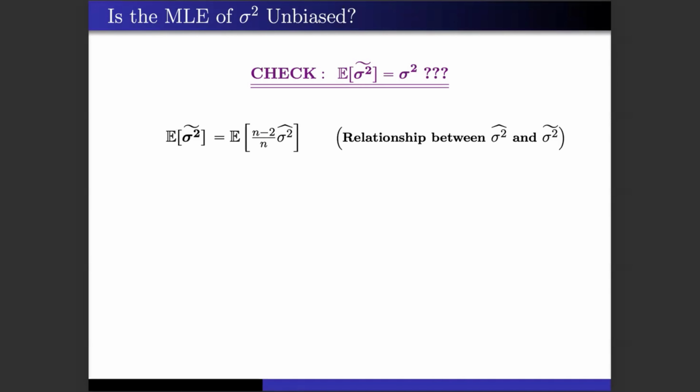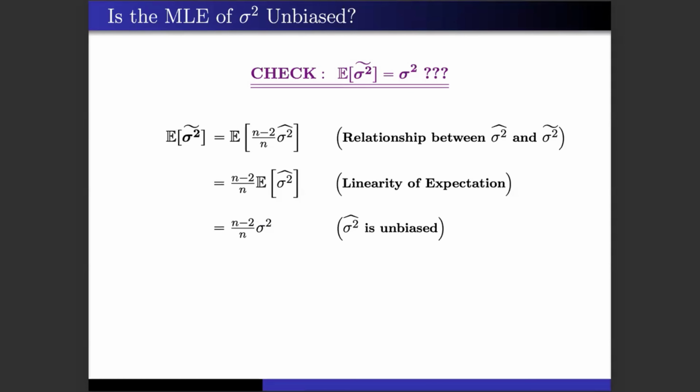So let's check what the expectation of sigma square tilde is. From the relationship between sigma square hat and sigma square tilde, we know that sigma square tilde is equal to n minus 2 divided by n times sigma square hat. Once we have that, we use the result that expectation is linear, and we can pull out n minus 2 divided by n from the expectation. And we have the second line, that is n minus 2 divided by n times the expectation of sigma square hat.